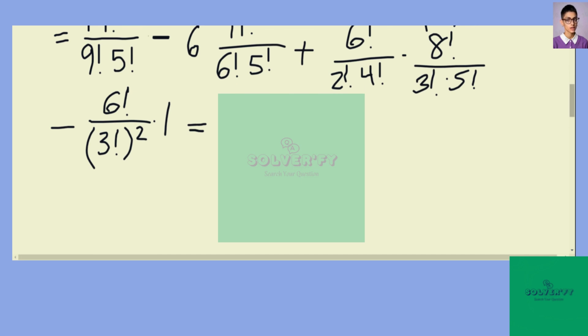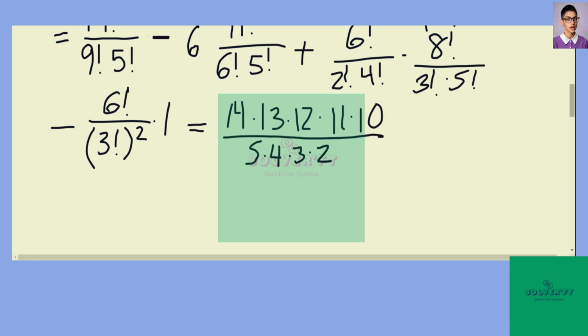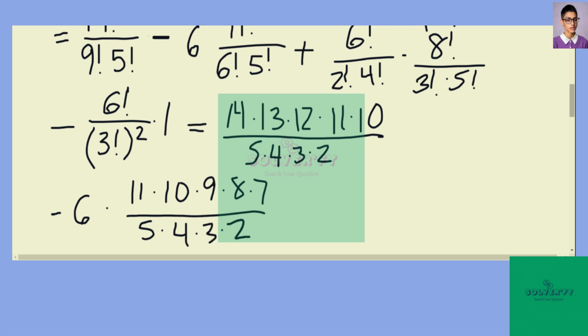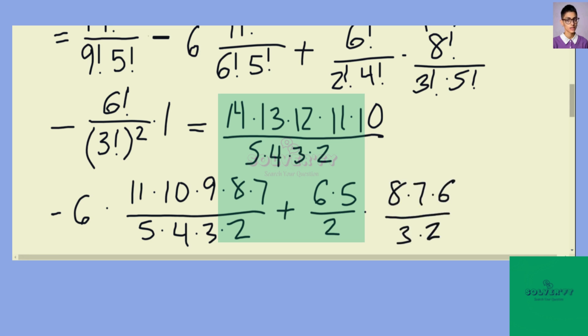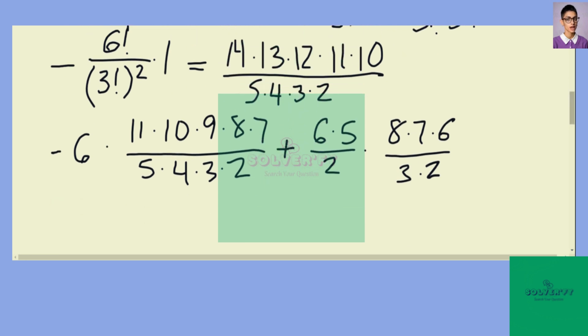This reduces to 14 times 13 times 12 times 11 times 10 over 5 times 4 times 3 times 2, minus 6 times, and this reduces to 11 times 10 times 9 times 8 times 7 over 5 times 4 times 3 times 2, plus 6 times 5 over 2 times 8 times 7 times 6 over 3 times 2, and minus 6 times 5 times 4 over 3 times 2.